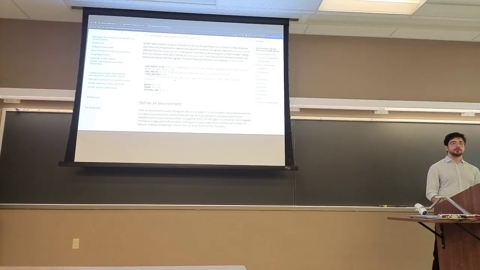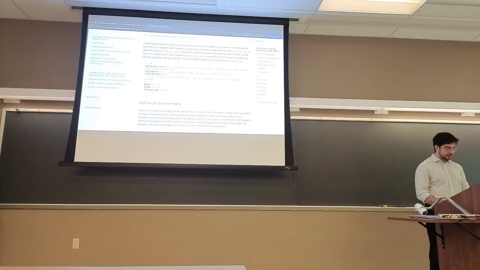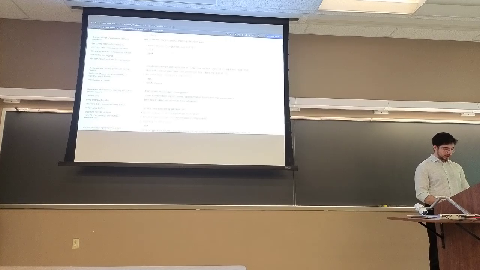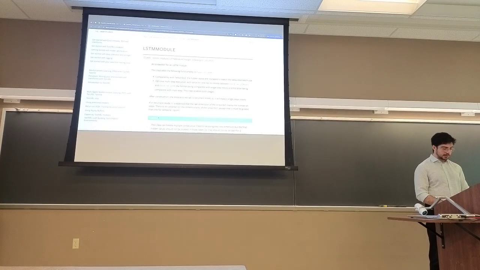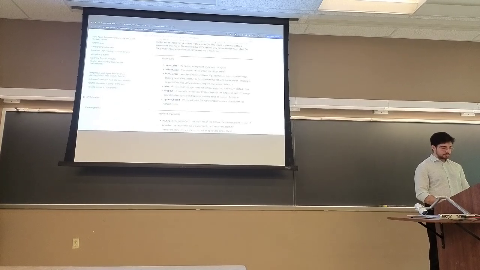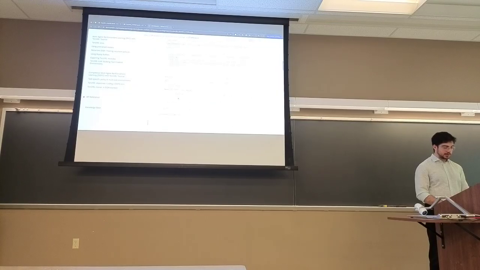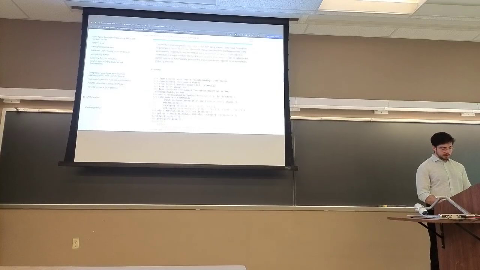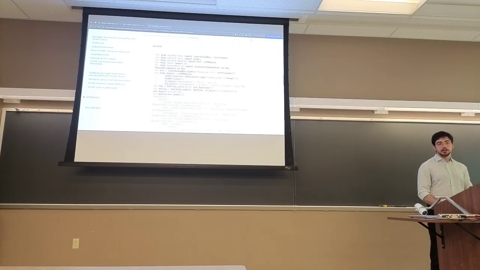So this could be useful. And then let's say if you want to search something specific, you can just type LSTM, and let's say I want to see the LSTM module. They have what it takes, the hidden size, number of layers, what it requires. They have different things, and usually they give an example as well, which really helps with understanding.